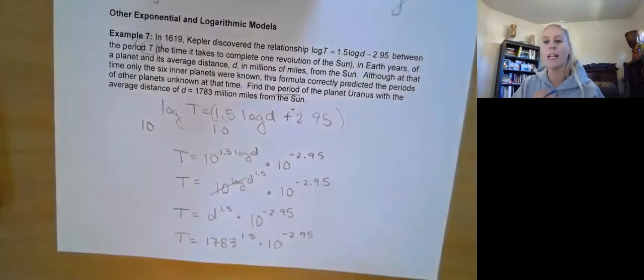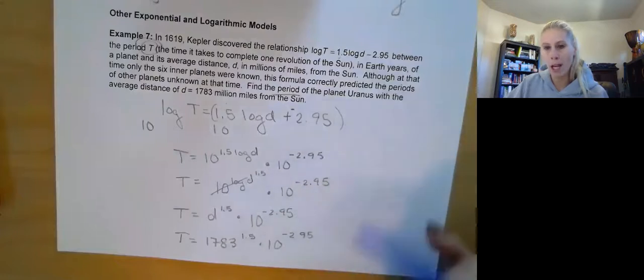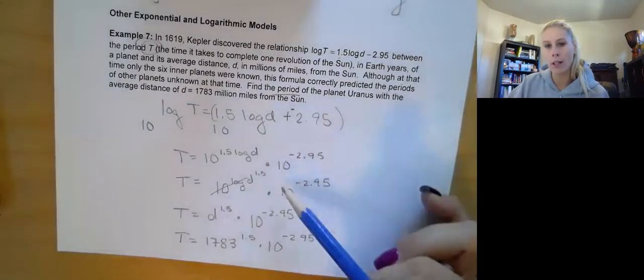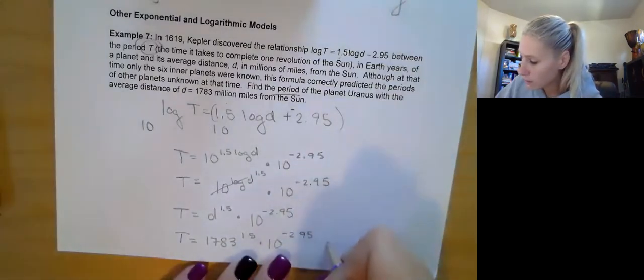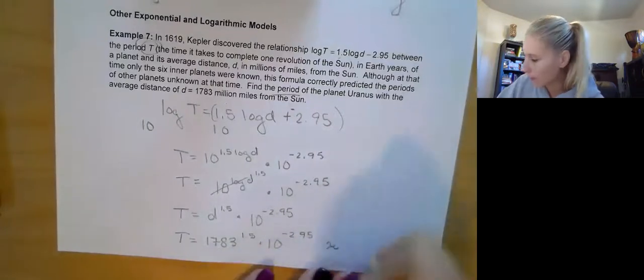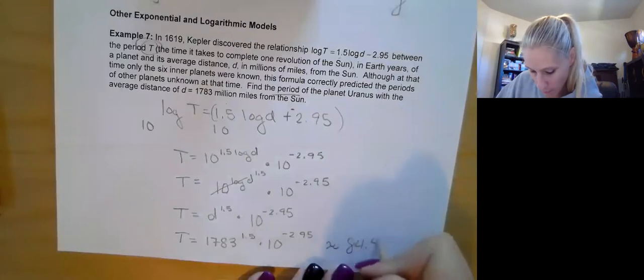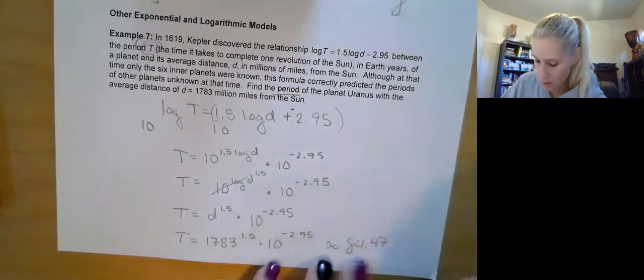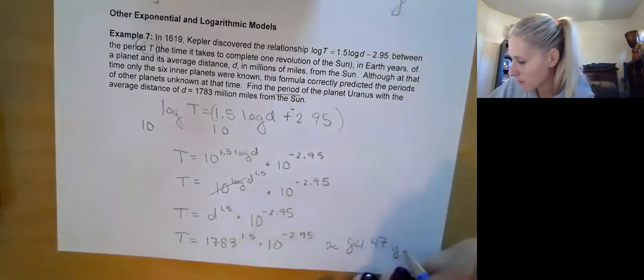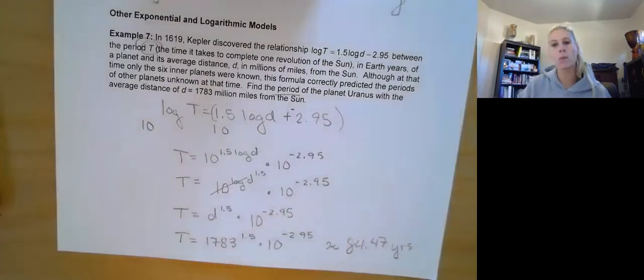So I know once I estimate at the very end, it is the closest it can ever get. Do not try to calculate with your calculator in the middle of a problem, guys. So when we plug this into our calculator, try it out now. You should get 84.47 years, right? Because we always have to put our units in.